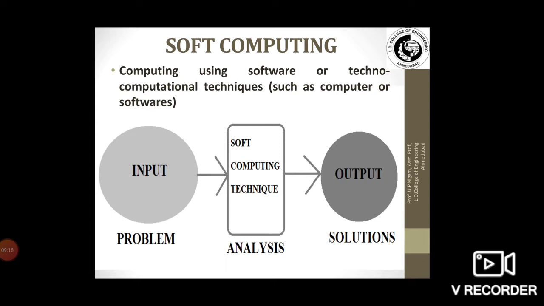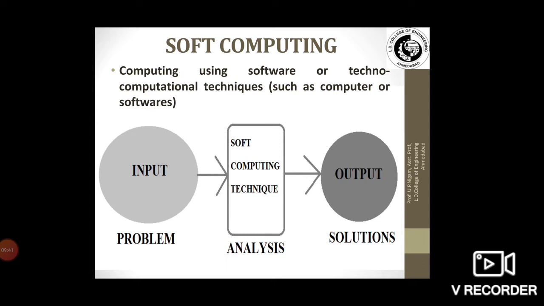But why use soft computing techniques? Why can we not use hard computing or manual calculations, or why can't we solve using pen and paper? That is one of the big questions. As you are all well aware, there are various complex problems that need to be solved, and we do not have that much time available.